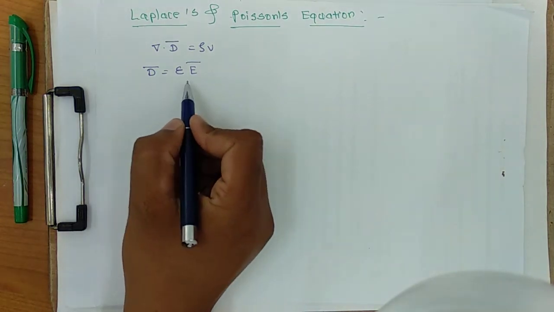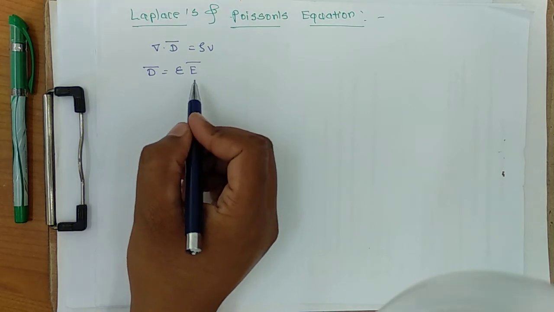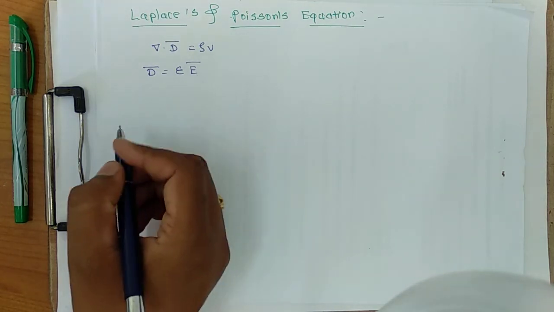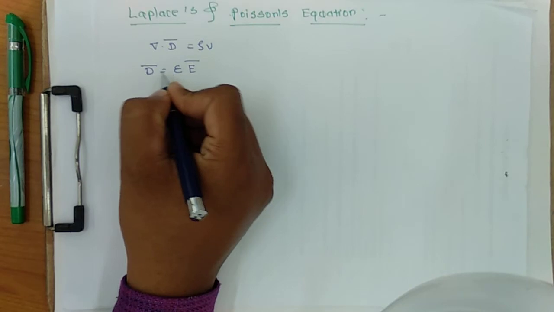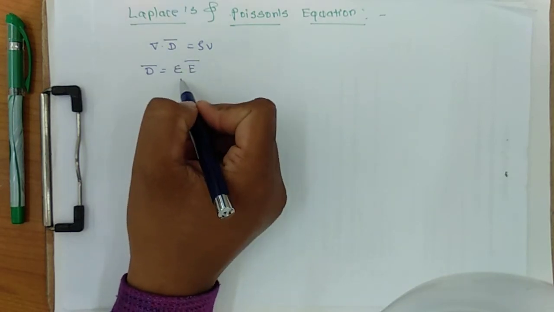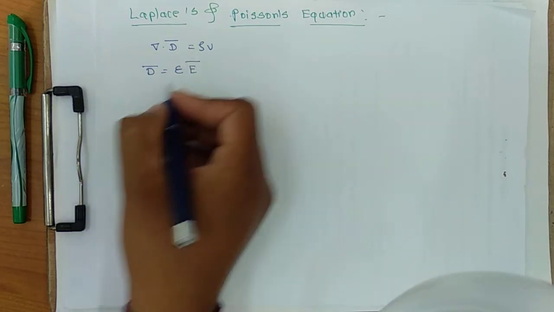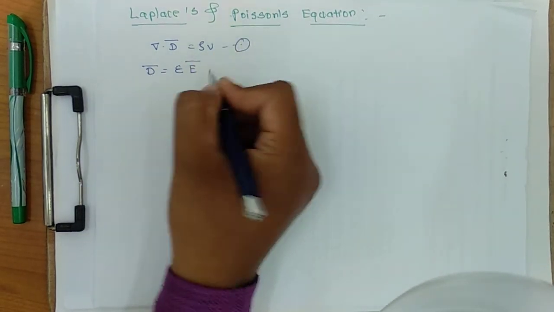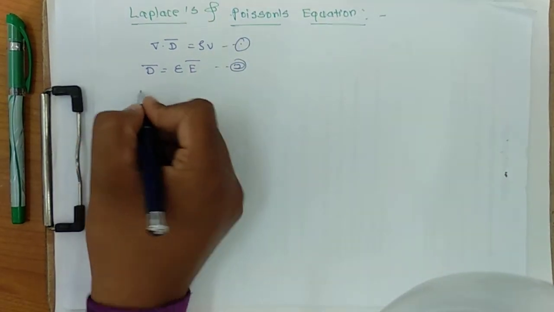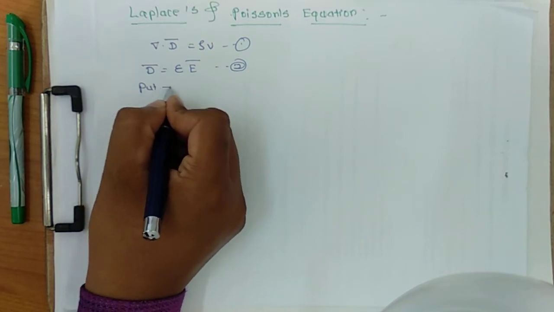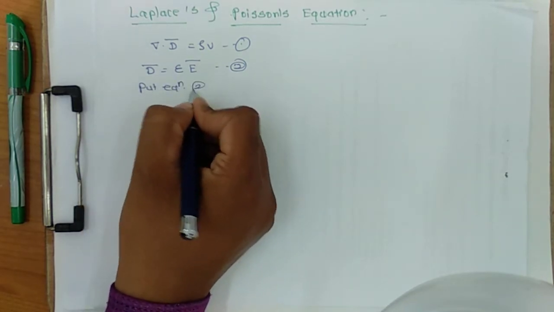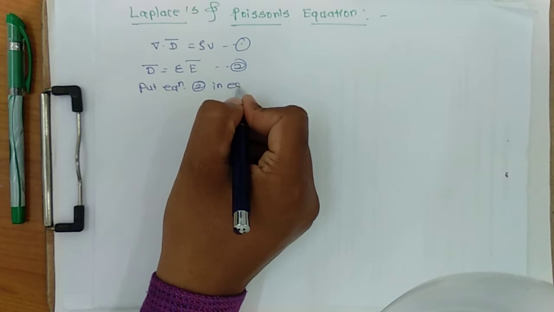Now D bar is equal to epsilon E bar. Instead of D bar, we put epsilon E bar, that is, put equation 2 in equation 1.